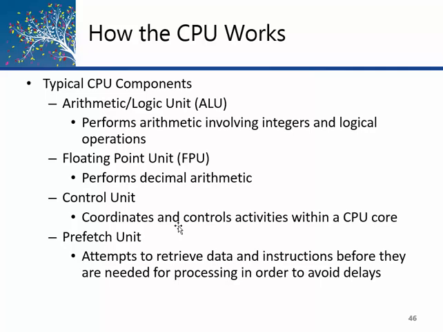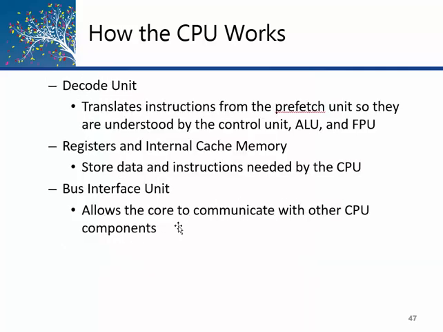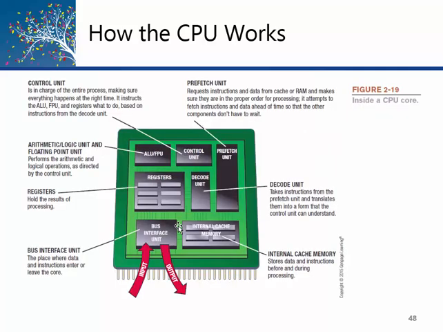So really, that's the most important. It does have an element for doing special floating point computations. I mentioned that floating point computations are important for graphics, and that's why GPUs, graphical processing units, have an emphasis on that. There's a control unit and a prefetch unit and a decode unit, and the registers and internal cache and the bus unit. And this is what a CPU looks like at a high level overview.